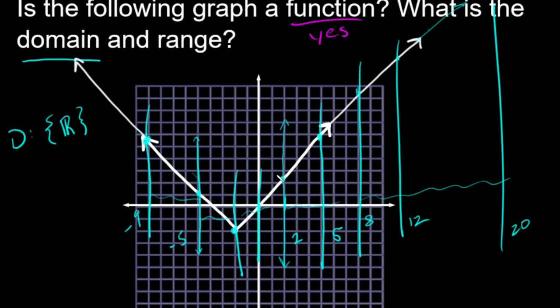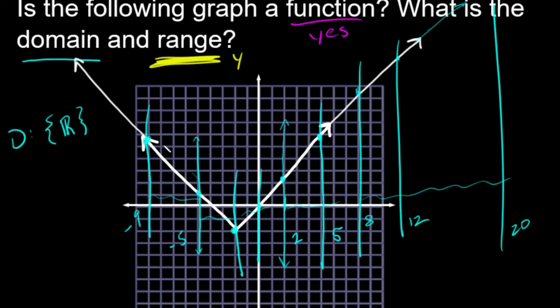Now, let's try to think about the range. The range is the same exact idea, except we are dealing with y values. Y's. All right? So this is going to get kind of hard to see because I've got all this blue stuff everywhere, but just do your best to follow along.